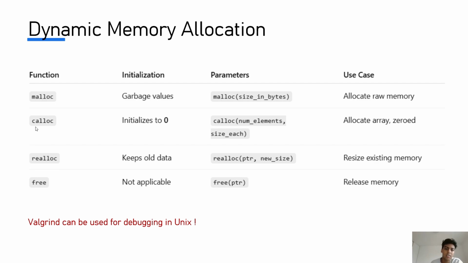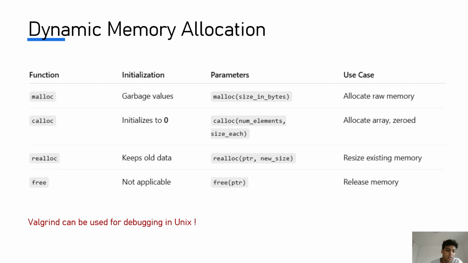Calloc is the same thing, but all the memory is packed together, like an array, with all the addresses together and all initialized to 0. Realloc is to reallocate memory, and free is very important, it is to free the allocated memory.